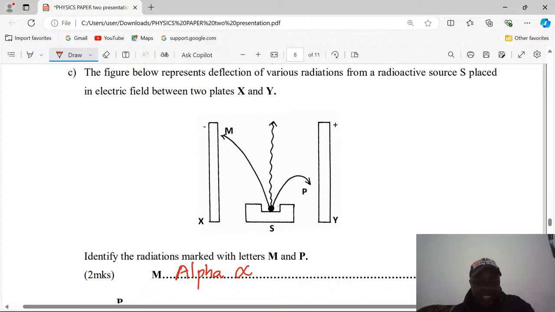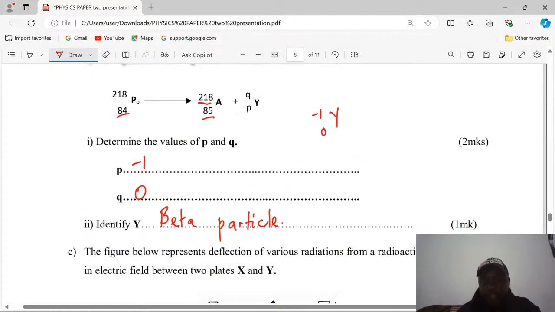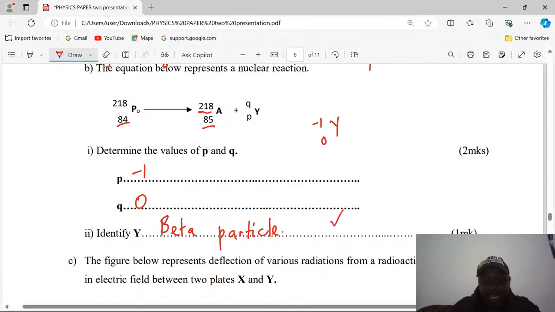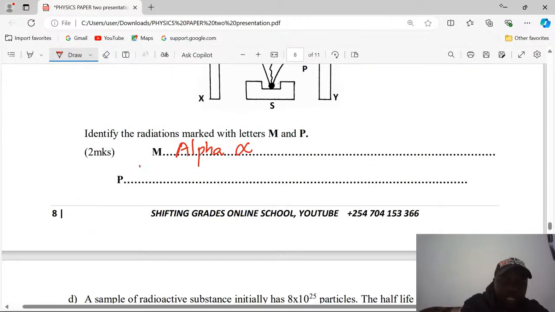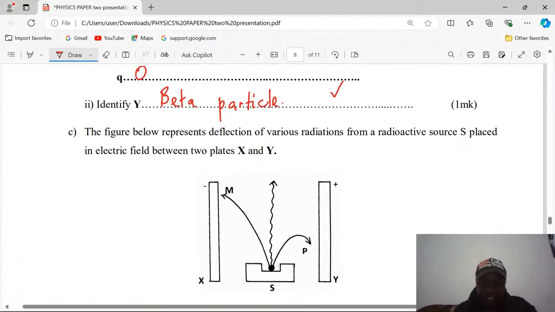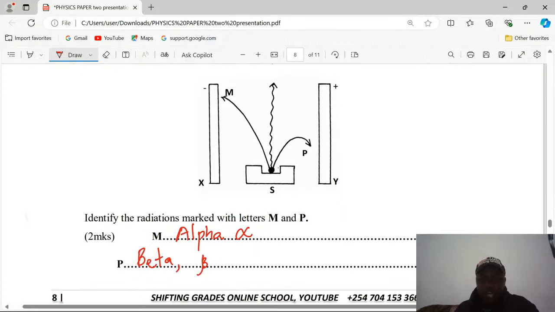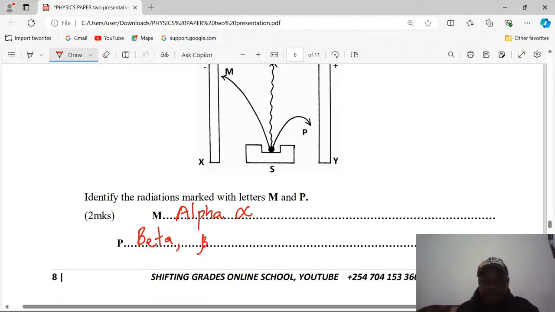Now, if that one is the alpha particle, the other one, we can see it is attracted to the positively charged terminal. So it is actually what we've just discussed here. It's a beta particle. Now, without considering the sign of the plates, we can also differentiate them by saying we can see the radiation P is greatly deflected, which means it has little mass.